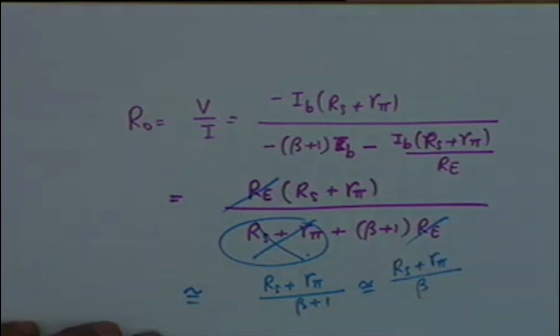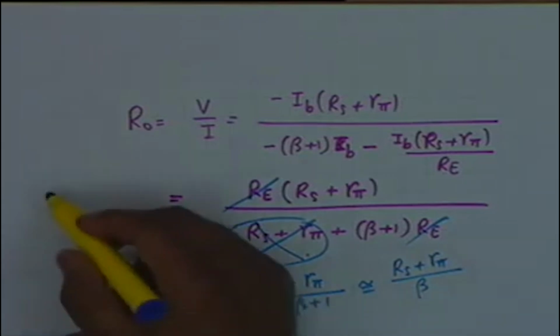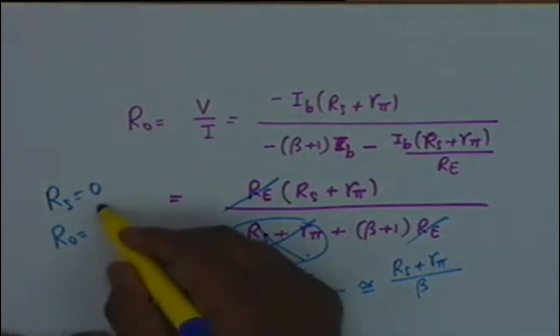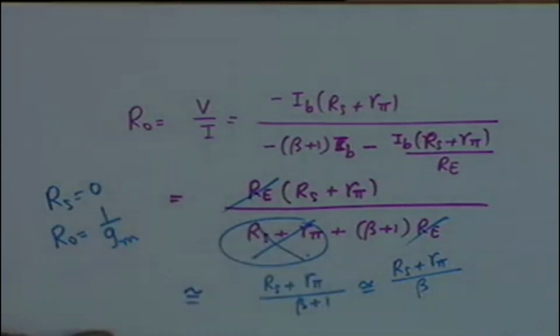And if the source resistance is negligible, if Rs equals 0, then R0 is simply equal to 1 over Gm, and this is independent of all other parameters of the circuit. It only depends on the transistor, not just on the transistor, it depends on the Ic. If the collector current is known, then you can find it.